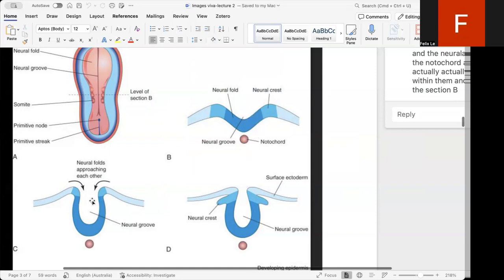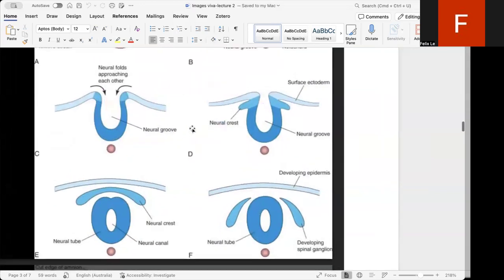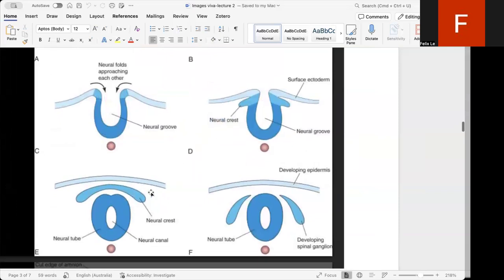As it moves toward each other, it pushes forward and pushes the neural crest outwards into the ectoderm. This forms the ectoderm layer here. So essentially we're forming the ectoderm and the neural tube.